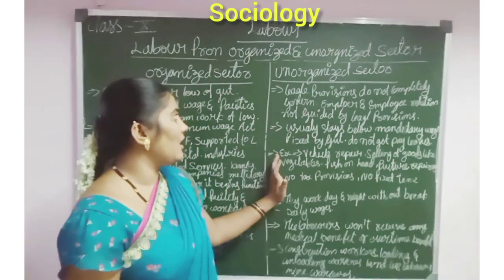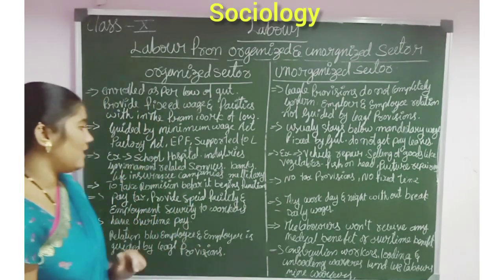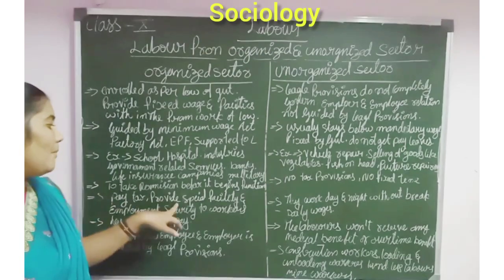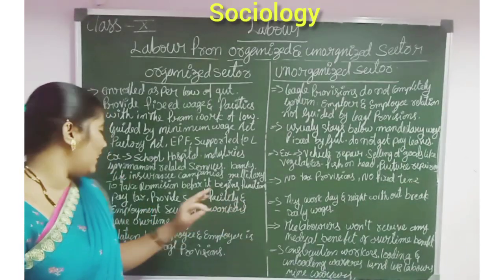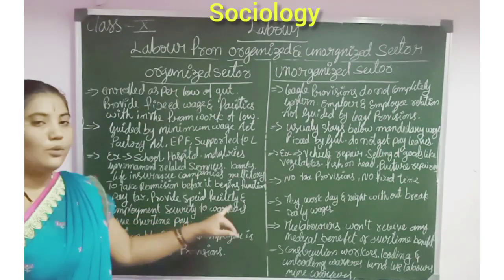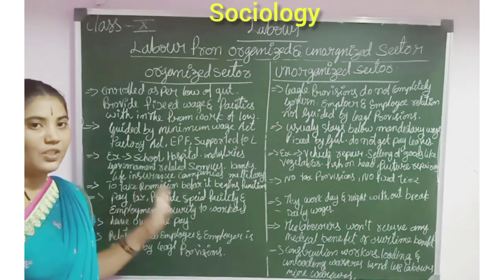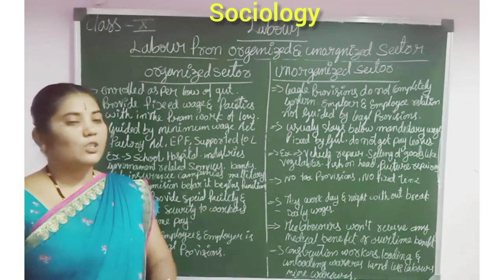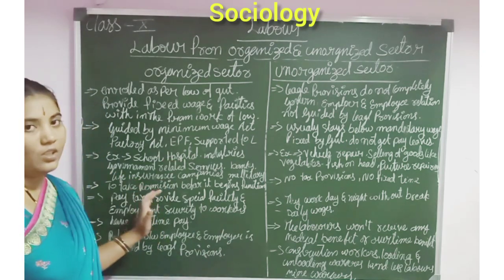These people come under the unorganized sector. The organized people pay tax and are provided special facilities and employment security. They have special facilities like paid leaves and medical facilities.